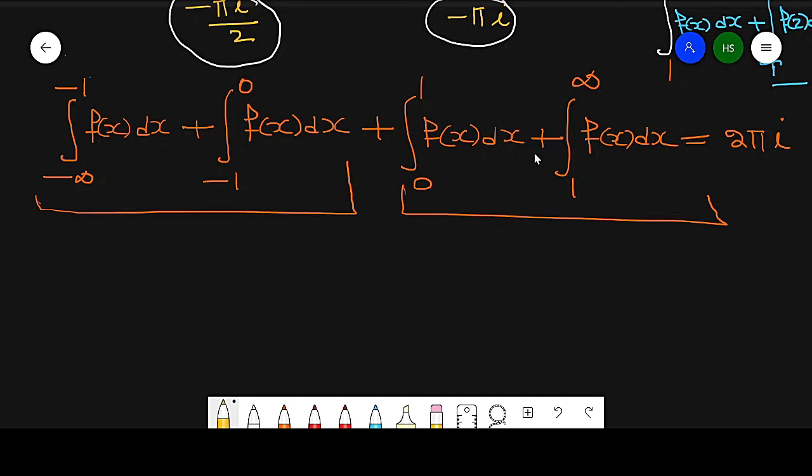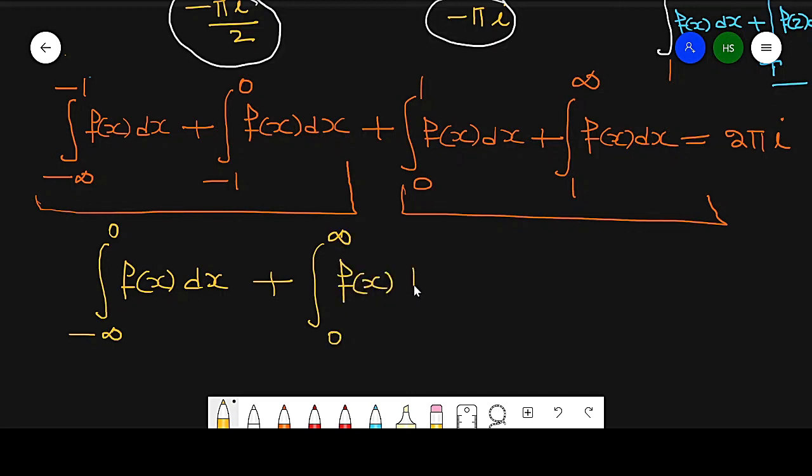So this total integration is equal to minus infinity to 0 of f of x dx plus 0 to infinity of f x dx, and this is equal to 2 pi iota.